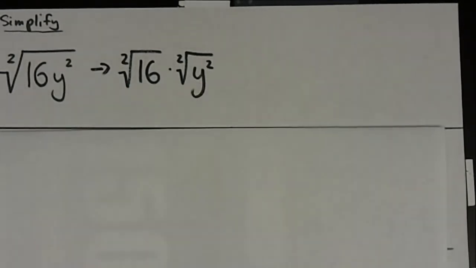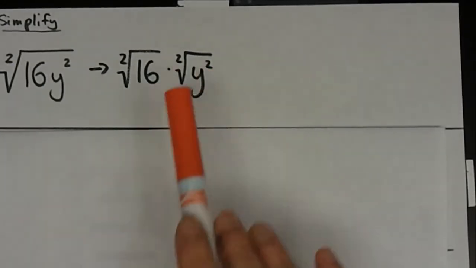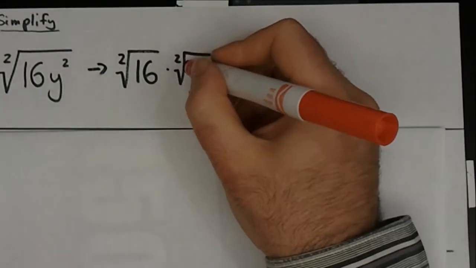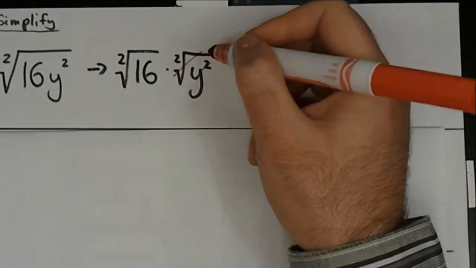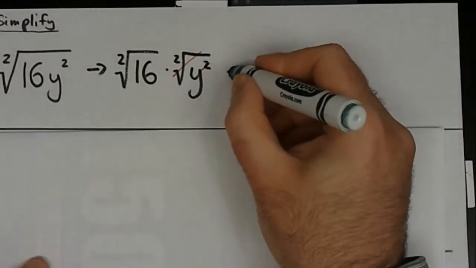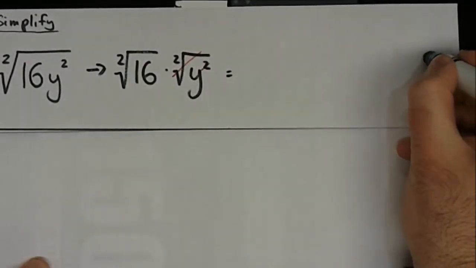The y one's super easy. Can someone tell me what happens when you have an exponent and a radical to the same power? They cancel each other out. So what you're left with, and I'm going to write this way back here, is just the y.